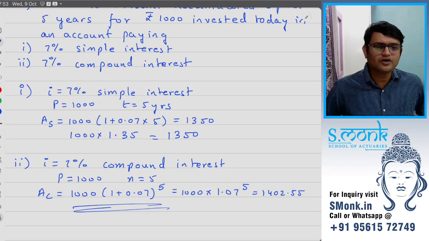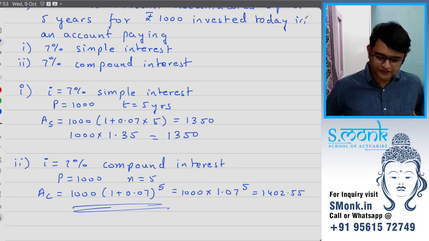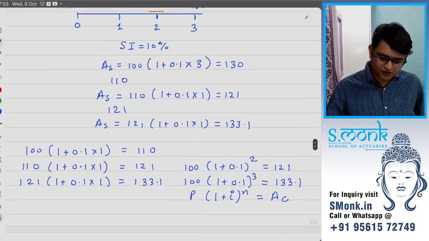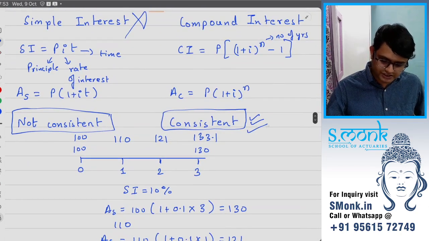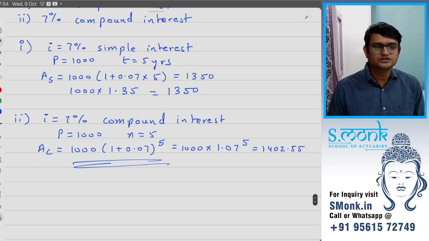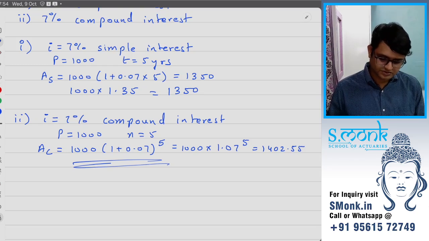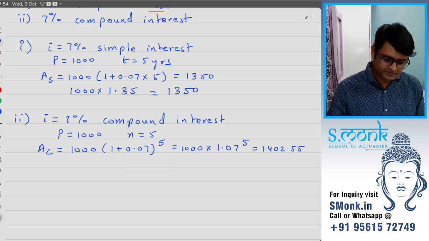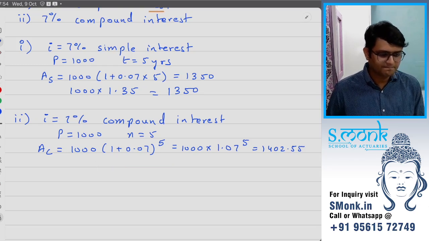We will learn compound interest and we are okay with it. So can you tell me, why do we learn simple interest? If we say that compound interest is what we should use, it is consistent, then why are we learning simple interest? Anyone?